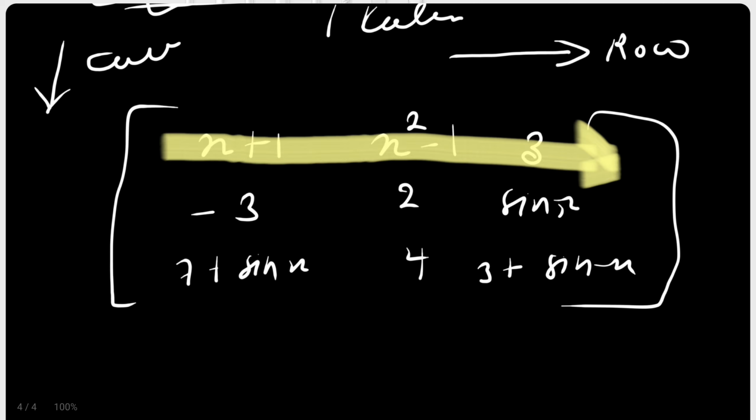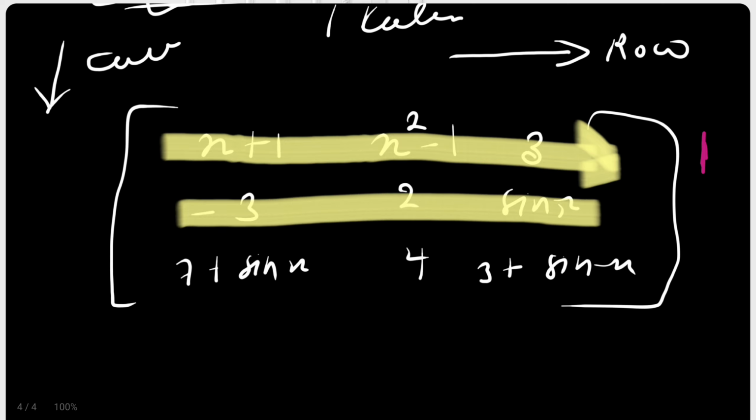That side means it is a row, so this is our row. Let me take another pen here, this is a row. This is our first row. Then you are telling, brother, this is also going that side only.